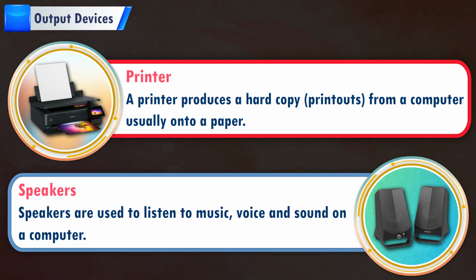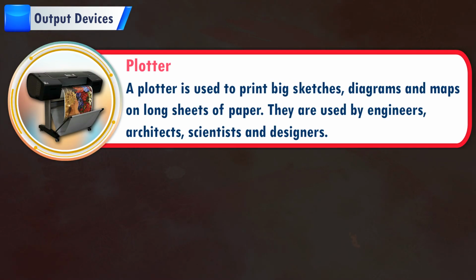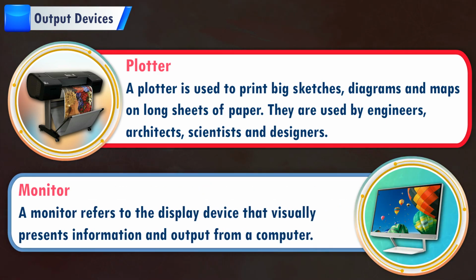Speakers. Speakers are used to listen to music, voice, and sound on a computer. Plotter. A plotter is used to print big sketches, diagrams, and maps on long sheets of paper. They are used by engineers, architects, scientists, and designers.